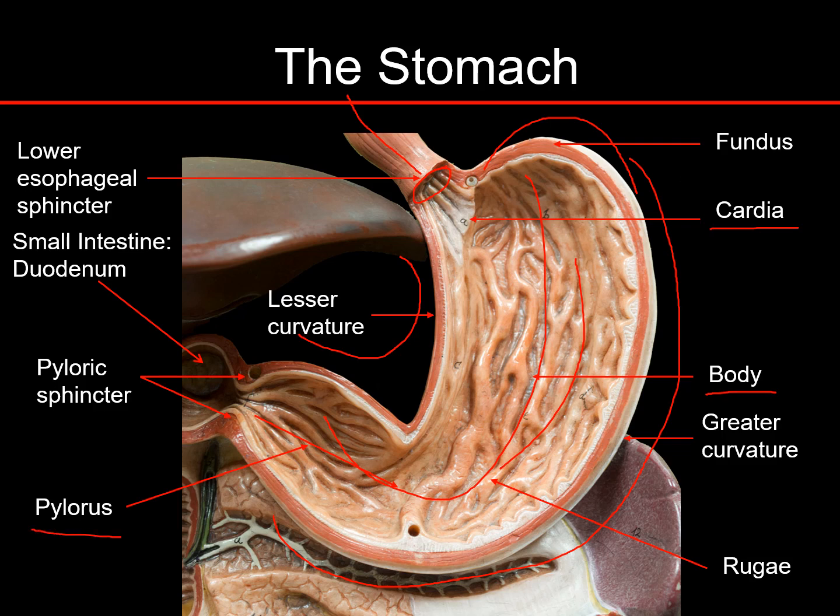Then we have an exit from the stomach into the duodenum of the small intestine. So we have yet another sphincter, another doorway that's going to close once food exits the stomach, and we call that the pyloric sphincter. So we have an opening into the stomach and an opening out of the stomach, and each one has its own sphincter to close and open.